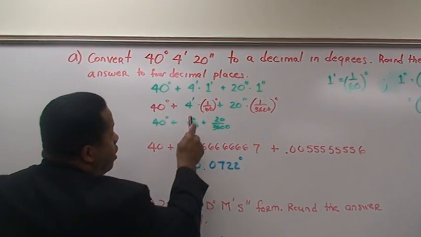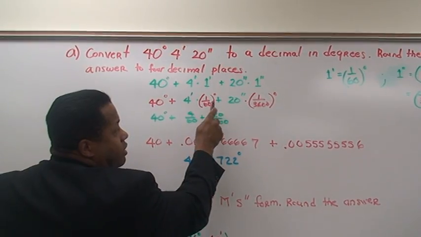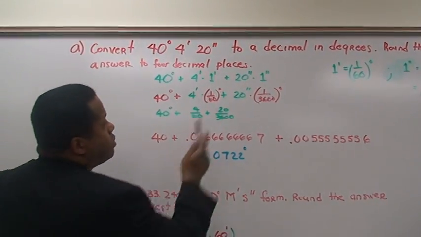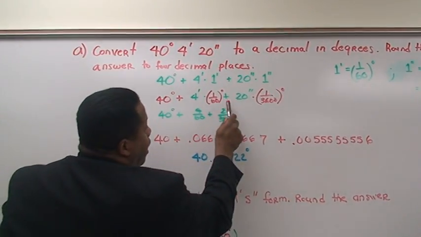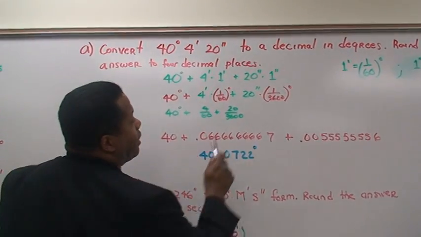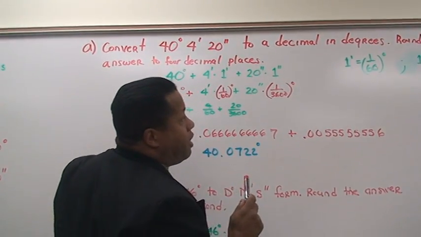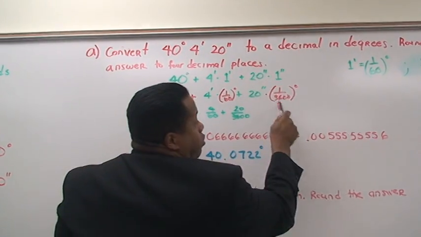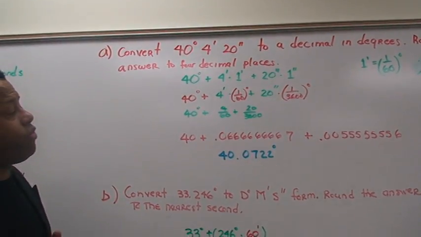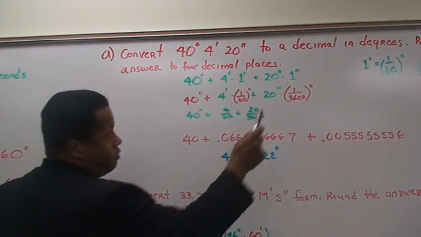You see this, right? So 4 times 1 over 60 degrees, and continuing on, plus 20 seconds, with 1 second equal to, in degrees, 1 over 3,600 degrees.